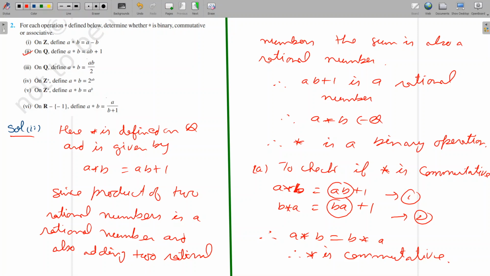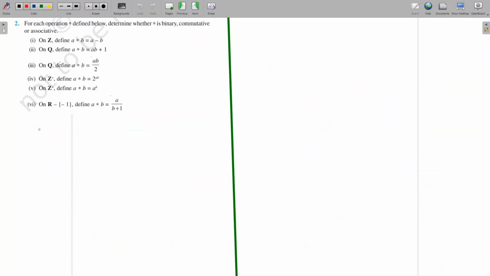We'll check whether star is associative or not. So this is the second part. (A star B) star C will be equal to, A star B stands for AB plus 1, that will give us AB plus 1, star C. See how to operate A star B: multiply A and B and then add 1. So for the time being we will consider AB plus 1 as A and C as B, and then we will operate it.